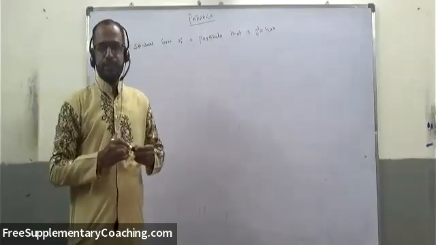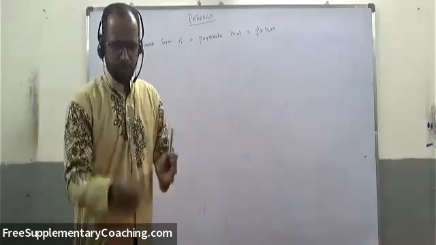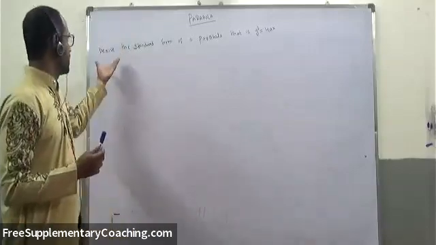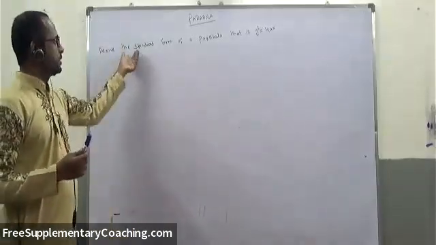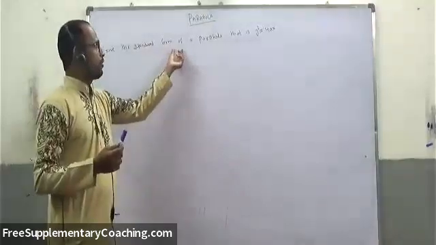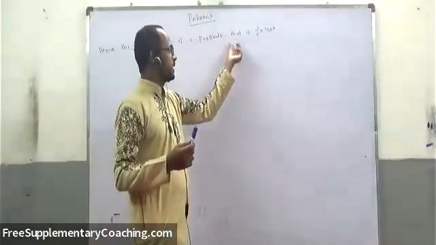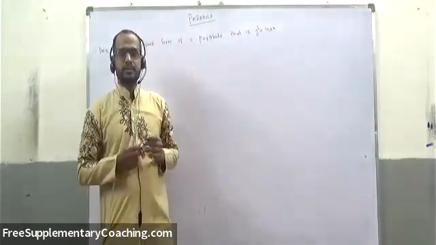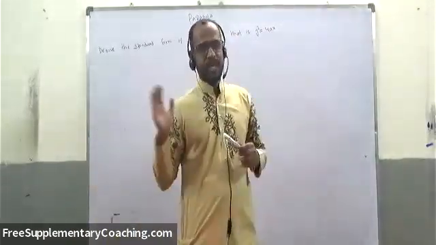This is our question today, the most important question of parabola. What is this? Simple. Derive the standard form of a parabola that is y square is equal to 4ax. This is the standard form of a parabola we have to derive.